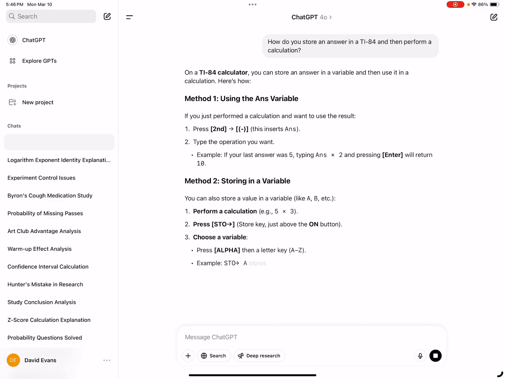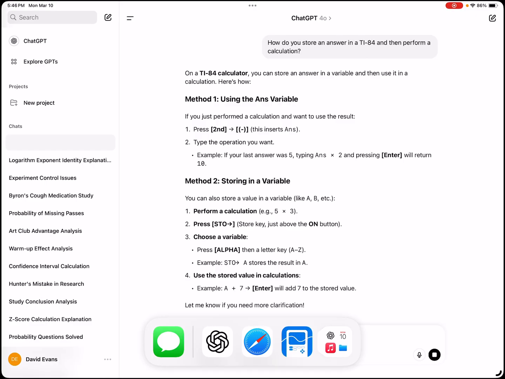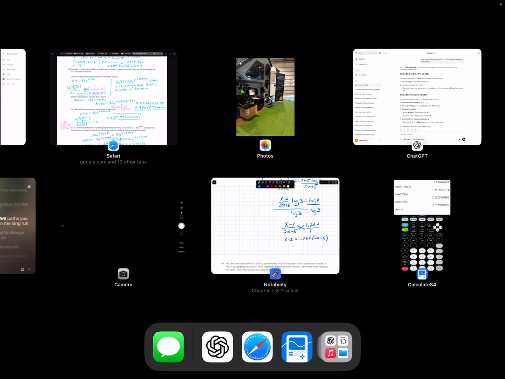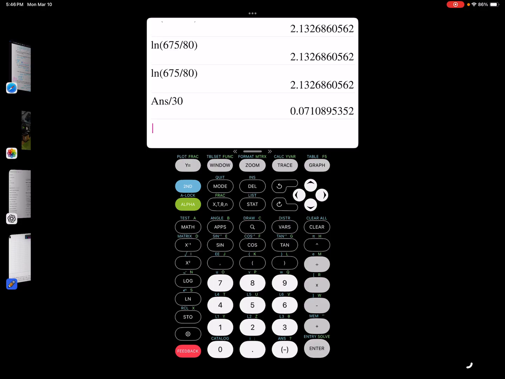Okay, what was it? Nope, where's Ellen? Oh, that's all they want you to do. If I go second enter, enter, then I would just divide by 30, like that. Because it'll just do the answer.